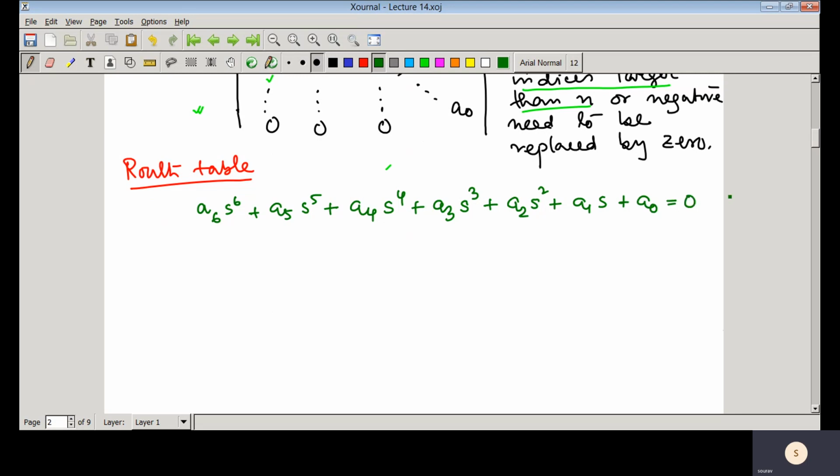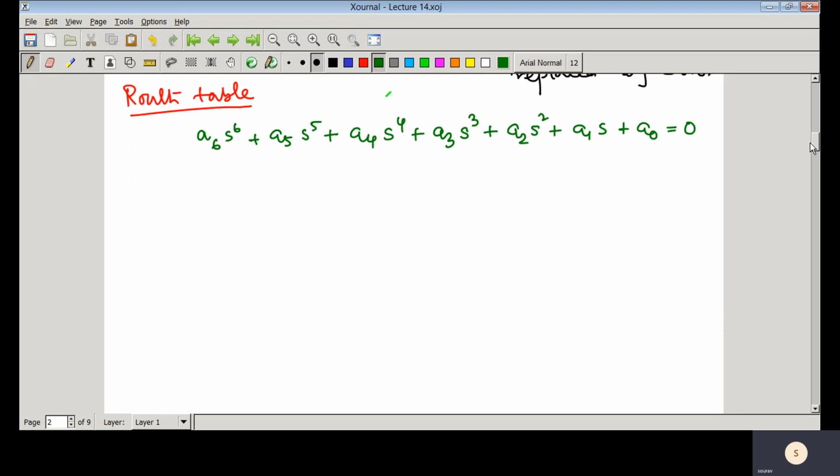Suppose we have a characteristic equation like that. Routh proposed a method by which we can find whether all the roots are in the left half of the S-plane or not. The method is as follows.